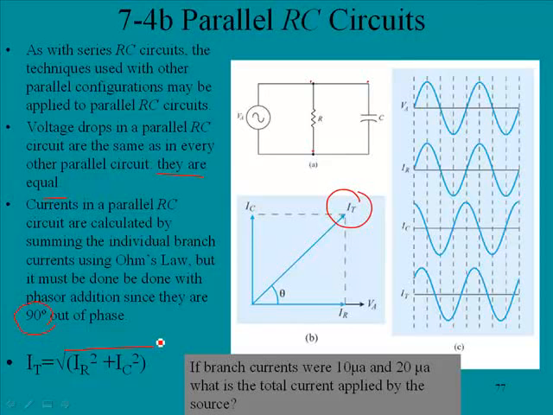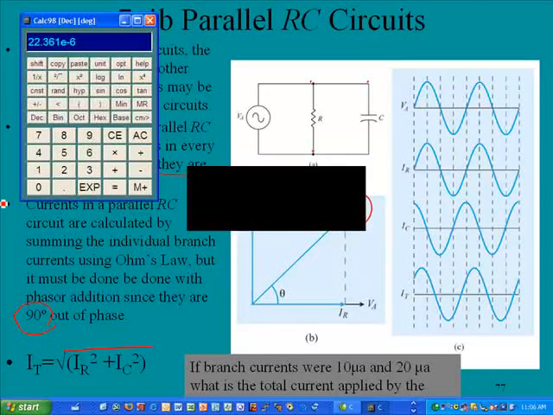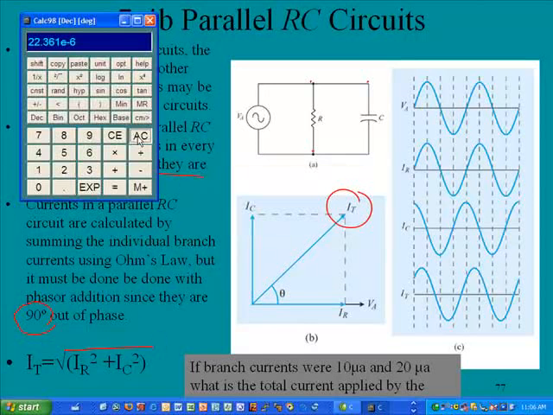Let's do a quick calculation here. We'll have a sample. If branch currents were 10 microamps and 20 microamps, what is the total current that is applied?